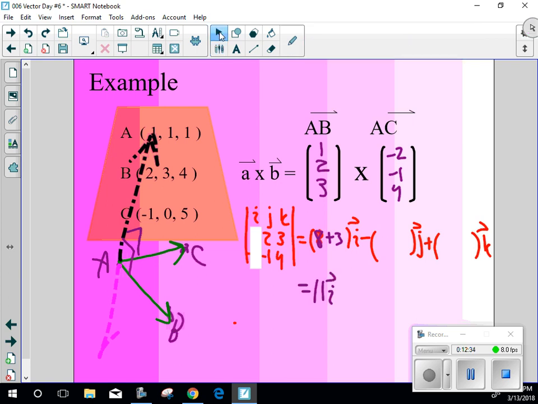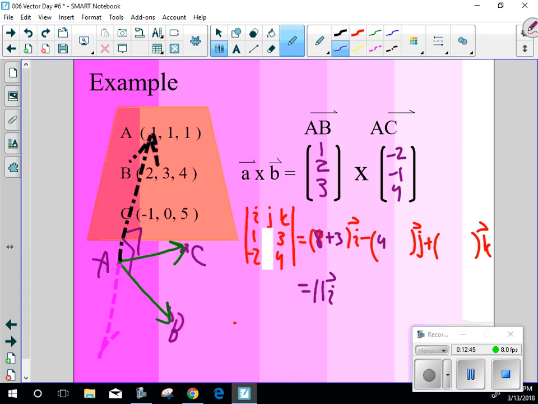Then we move this one to the middle, and we just go 1 times 4, which is 4 minus a -6. And that's going to give me minus how many J? Yep, -10J. Thank you.